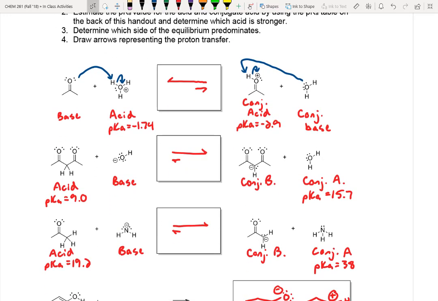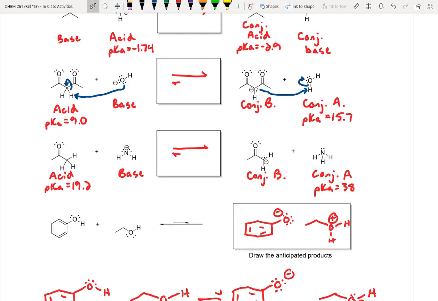All right, same thing for the one below. The base is going to reach over, grab that proton, break that covalent bond. It's always a 2-arrow process. And then conversely, we could do the opposite and have the conjugate base steal its proton back from our conjugate acid. Next one, same idea. Base is going to steal a proton from our acid, and our conjugate base theoretically could steal it back.